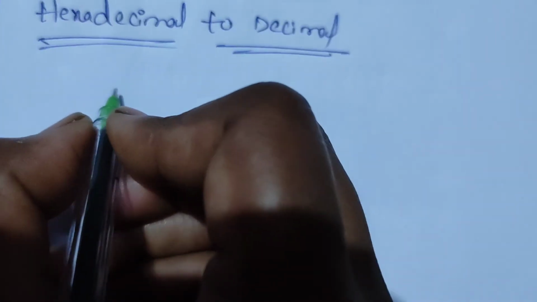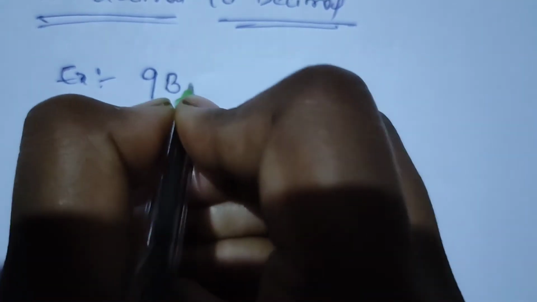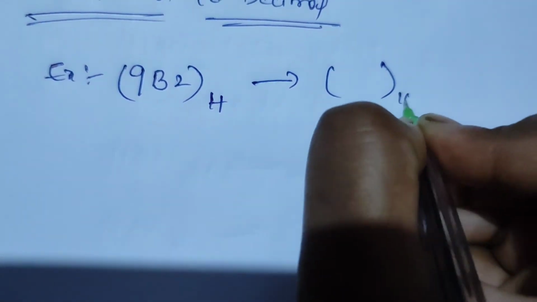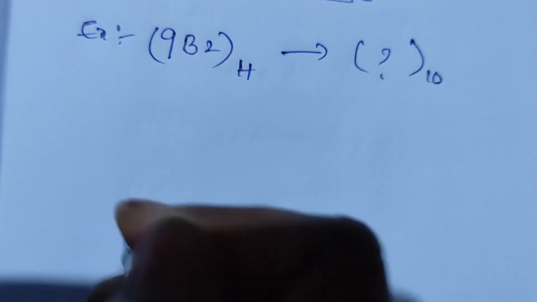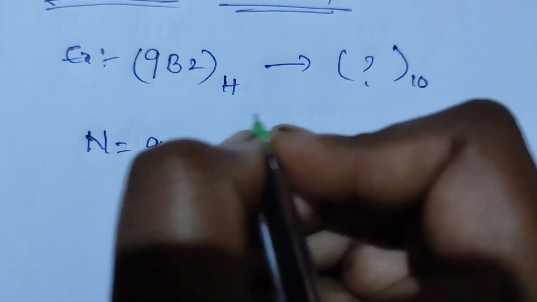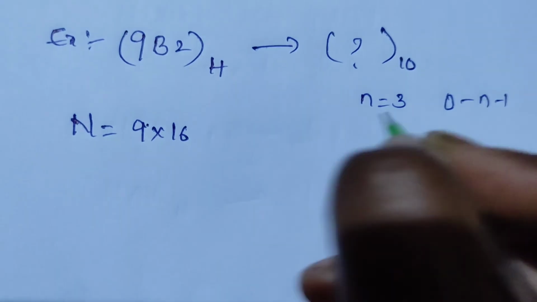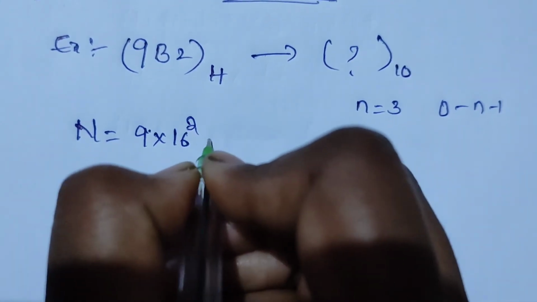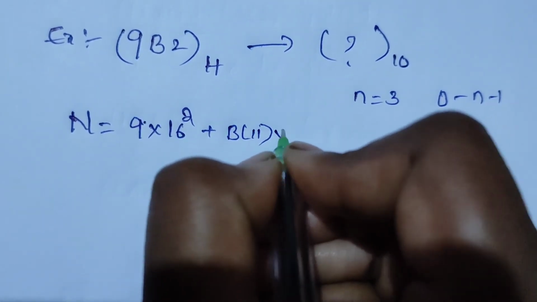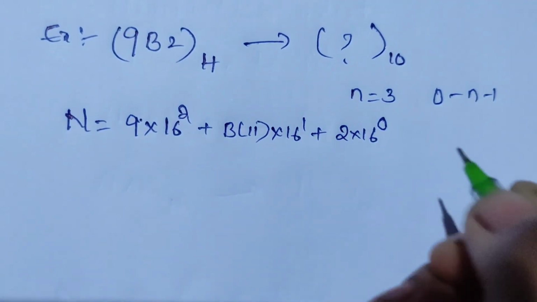Hexadecimal to decimal conversion. Let us take an example of hexadecimal 9B2. It is to be converted to decimal using the formula. Directly I am substituting in the formula. n is equal to 3 digits we are having in the hexadecimal value. So 0 to n minus 1 is 2. So 9 into 16 power 2 plus B is 11 into 16 power 1 plus 2 into 16 power 0.